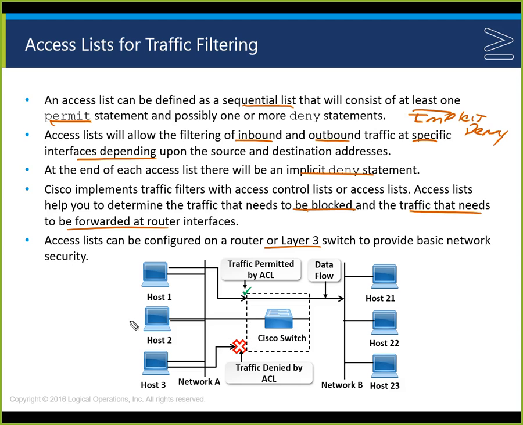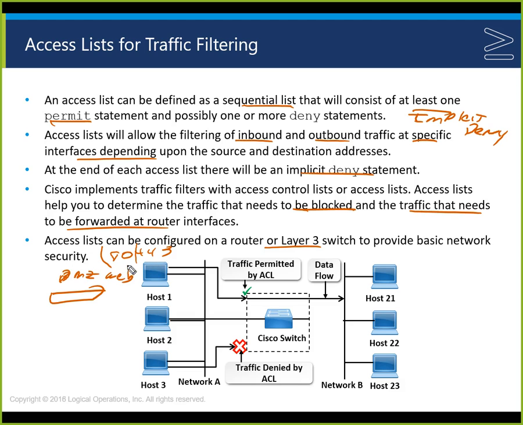So we want to permit or deny. For an extended list, if we have our firewall and we have our DMZ here and maybe a web server here, we want to allow everybody to get to port 80 and 443 so that they can see whatever we're trying to sell or give whatever information we want.